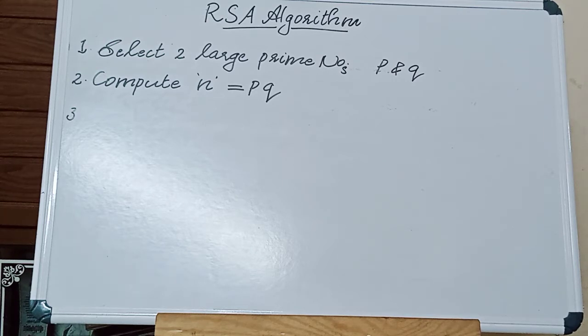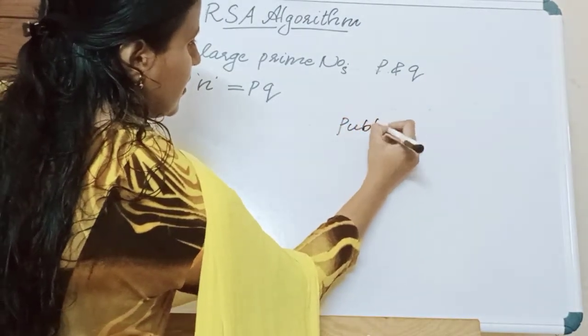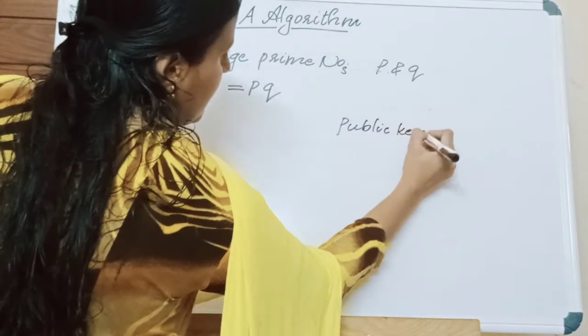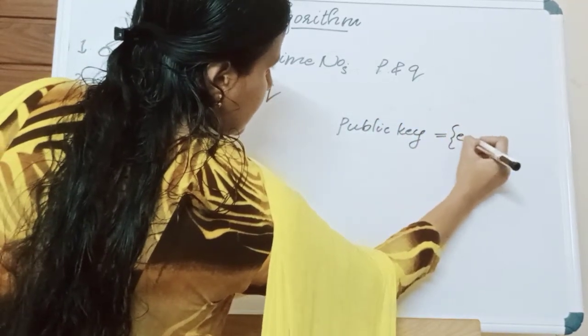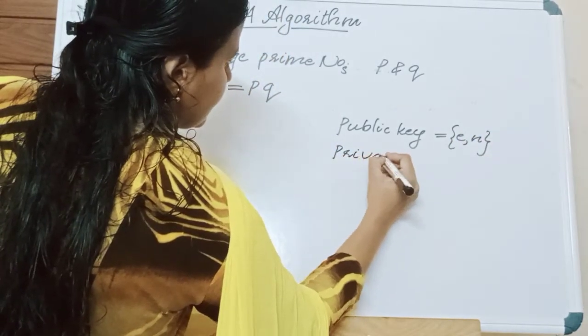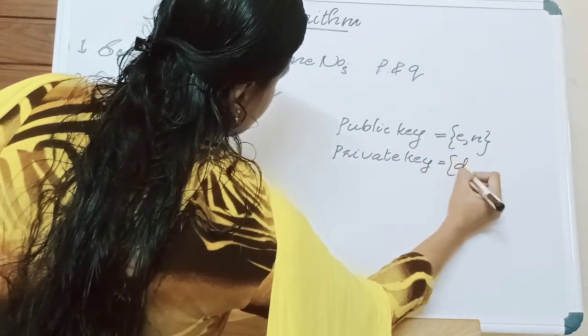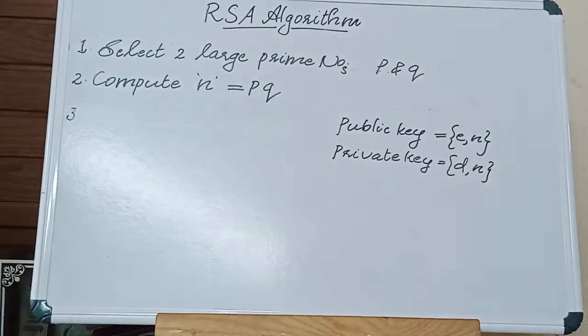In RSA algorithm, the public key can be represented as (E, N), where E is the encryption key. The private key can be represented as (D, N), where D is the decryption key.